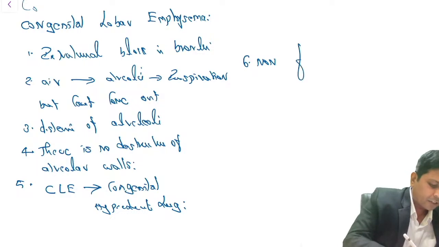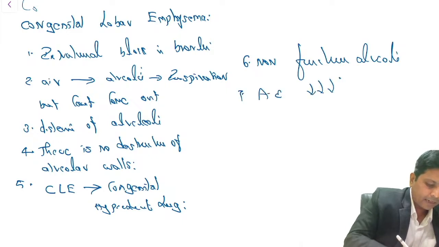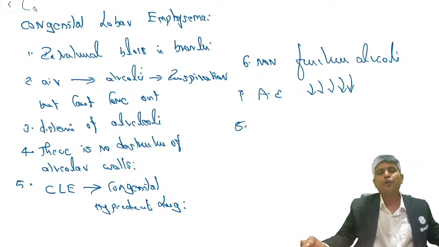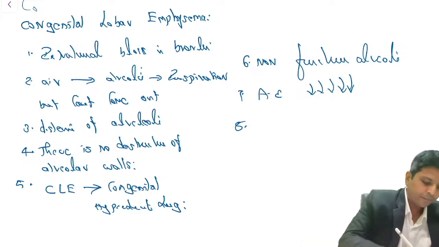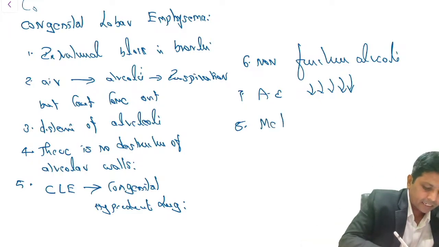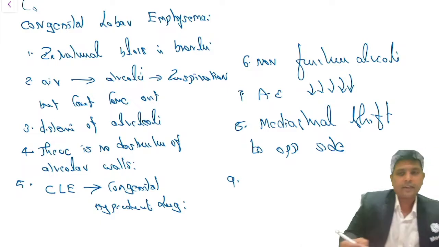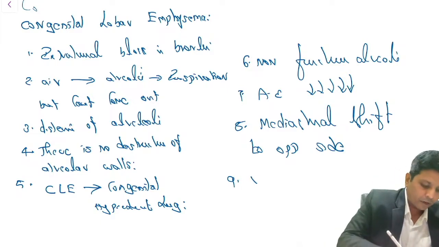So air entry will be reduced. Second, because of the distension produced by the emphysematous lung, there will be mediastinal shift to the opposite side. And the next point is the underlying lower lobe will be collapsed.